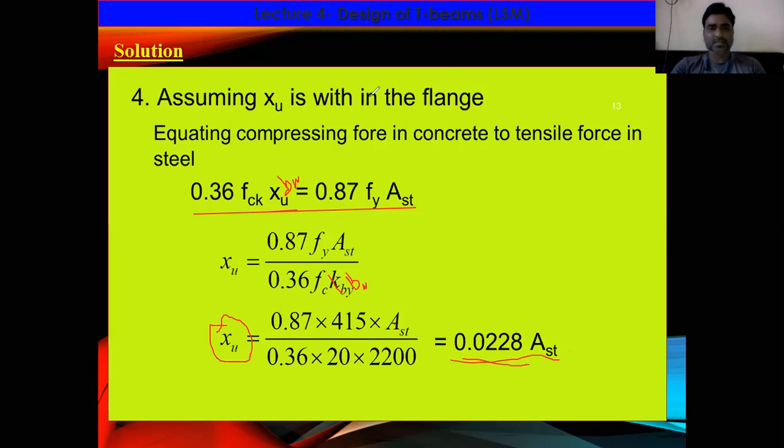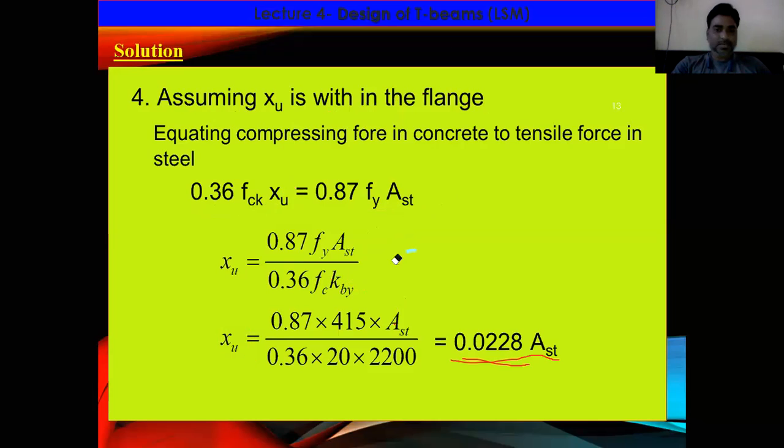Therefore, after determining this, equate the maximum bending moment corresponding to your assumption, because here we are assuming that the depth of neutral axis is within the flange. Therefore, you need to use the corresponding equation to determine the moment of resistance, right? This can be determined by multiplying the compression force into lever arm or tension force into lever arm.